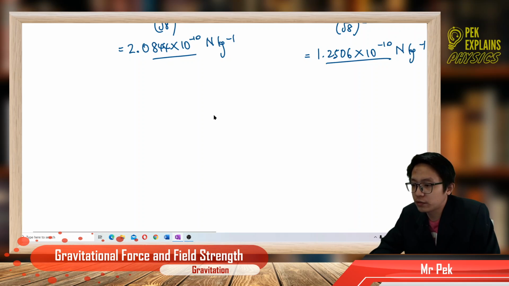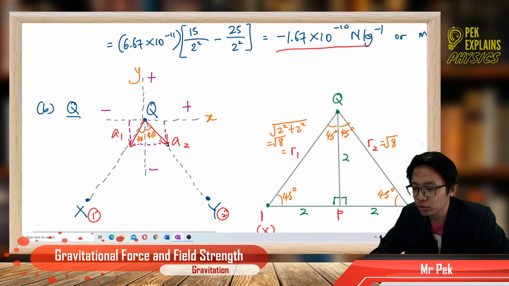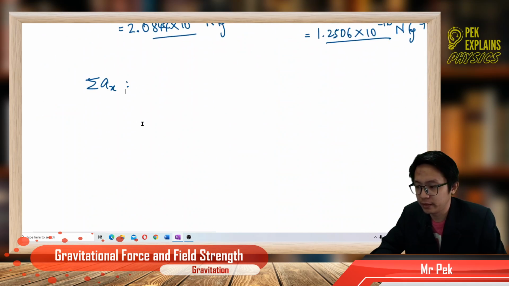Okay. So let's find the total Ax, which is the horizontal component. Total Ax, we have positive A2 sine 45 and negative A1 sine 45.